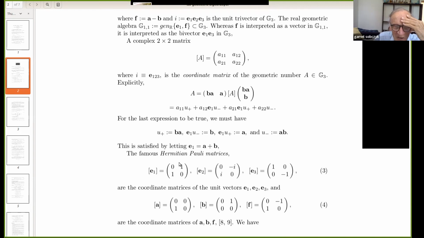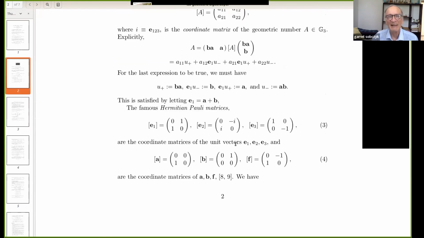The notation is a little confusing because here we use E3. Well, I really should call that EF1 to correspond to E1 is A plus B, and F is A minus B. Remember, A corresponds to a 1 here, B corresponds to a, well, A minus B is F then. Okay.